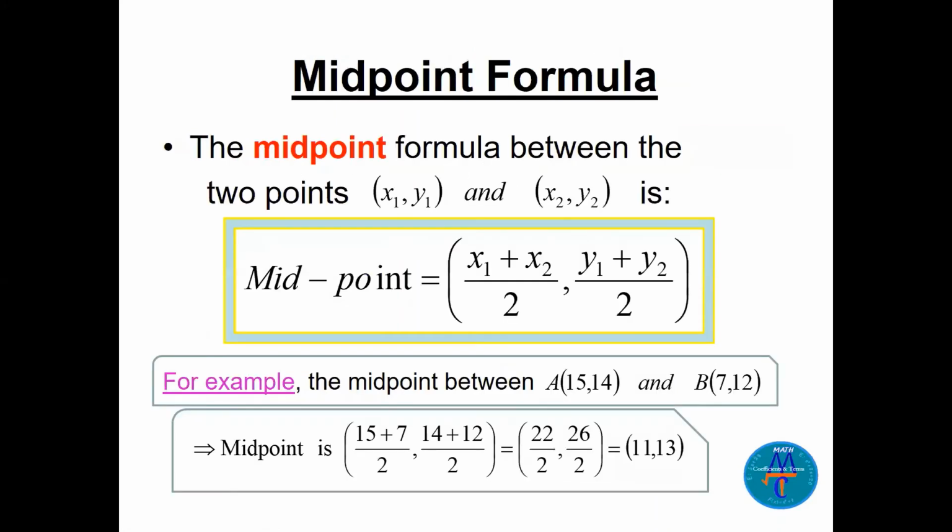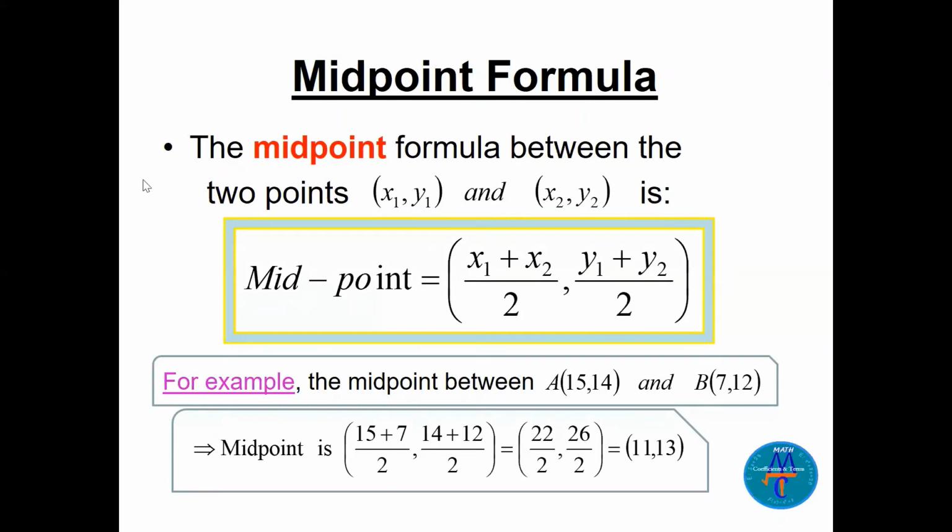Okay, the midpoint formula. We have a line segment, and there are 2 points there, A and B, or x1, y1, x2, y2. The midpoint formula means the point in the middle. Some students have a confusion between midpoint and half the distance.